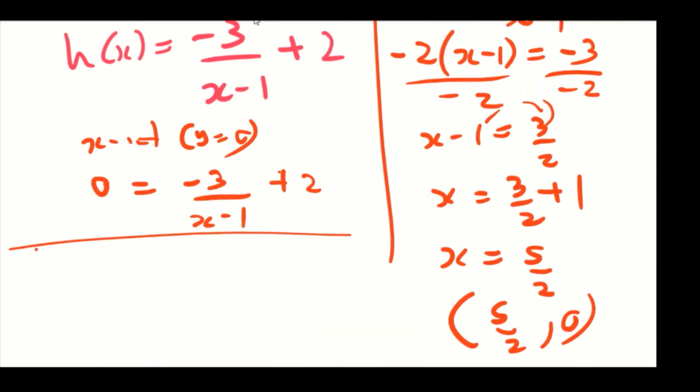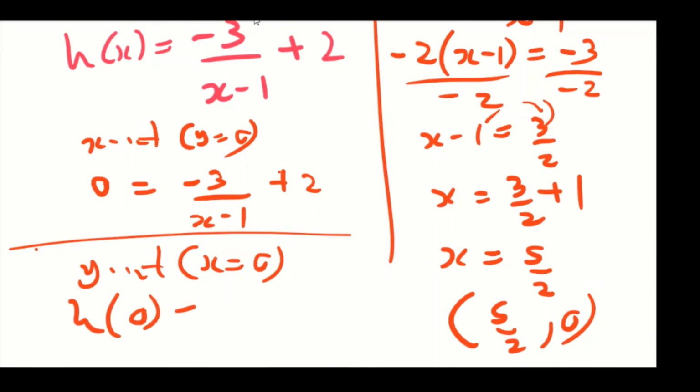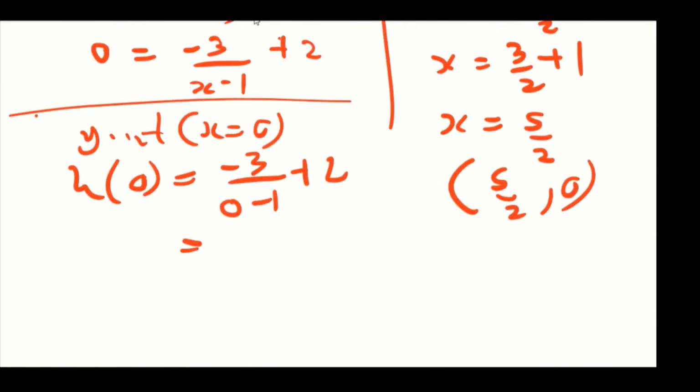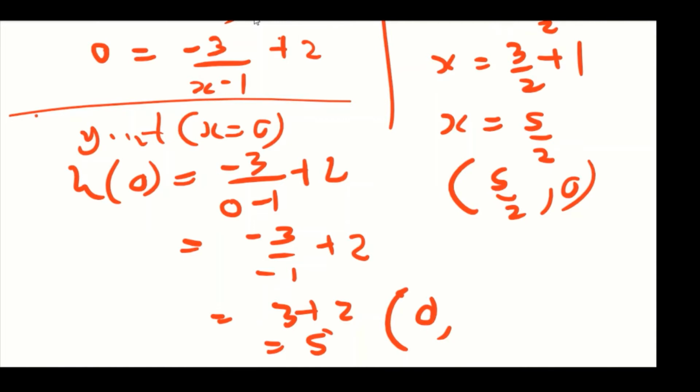So now find your y-intercept when x equals 0. So you have h of 0 equals -3 over 0 minus 1 plus 2. And you'll have -3 over -1 plus 2, which equals 3 plus 2 equals 5. So your y-intercept is 0 and 5, right?